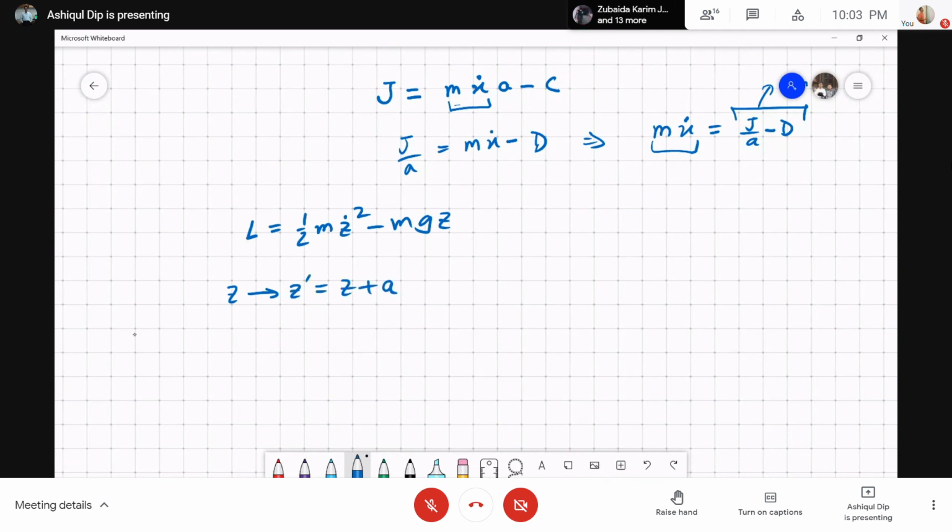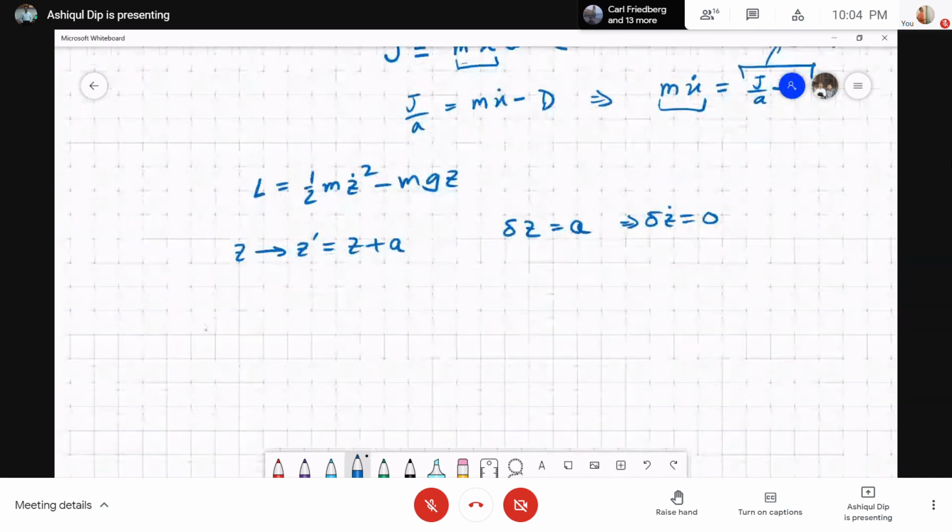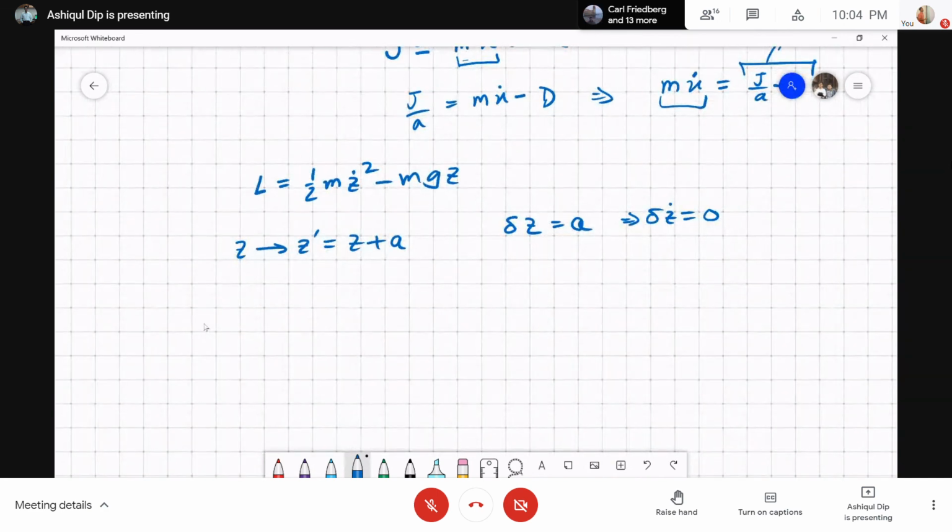So delta z equals some a, and obviously delta z dot is basically 0. That's true as well.